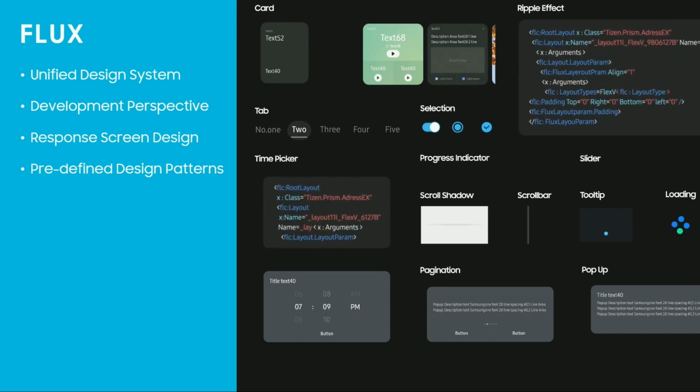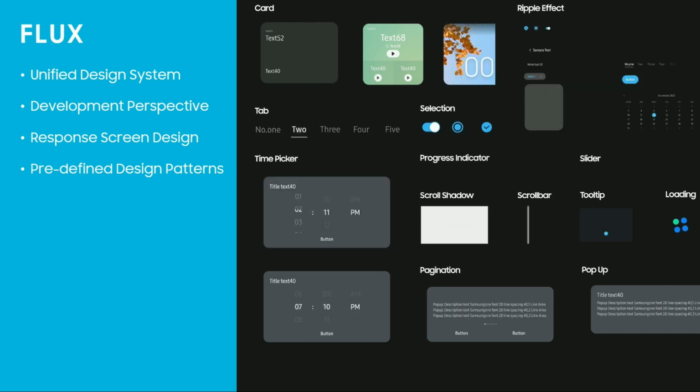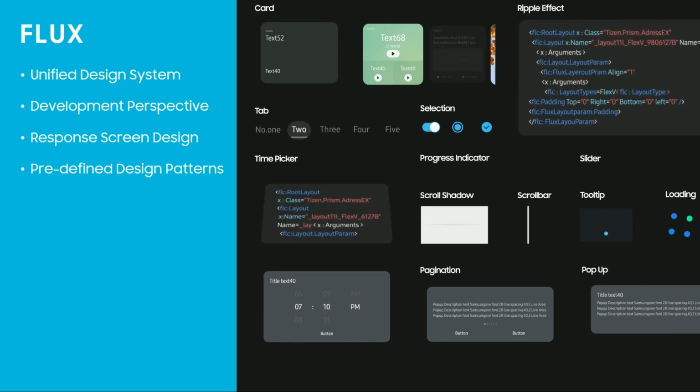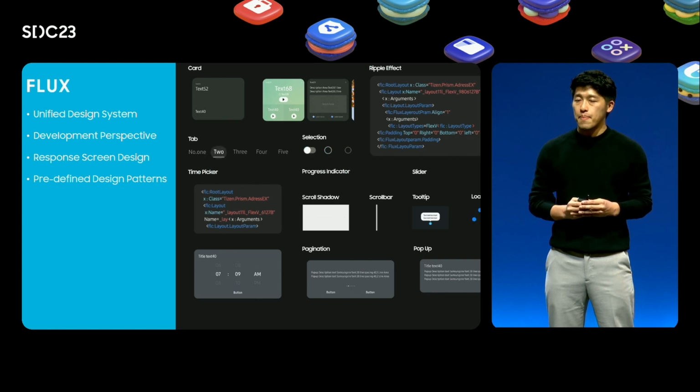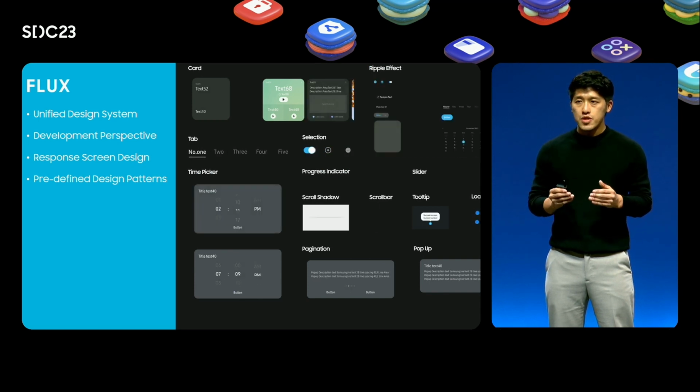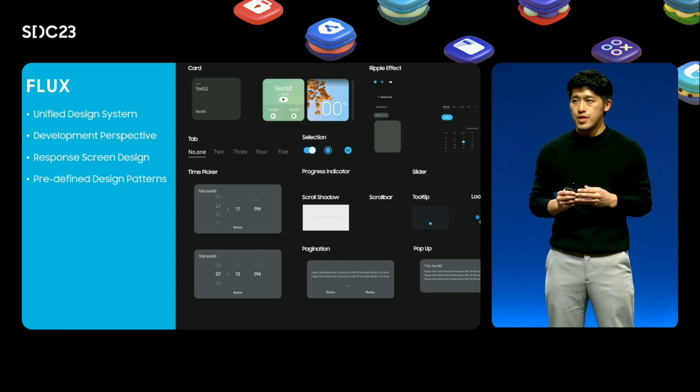FLUX is our unified design system encompassing components, layout system, color theme, and more for designers. What sets it apart is its origin from a development perspective. It means it was created with development consideration, which distinguishes it from other design systems.